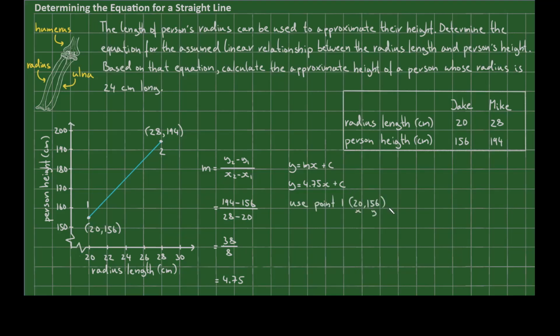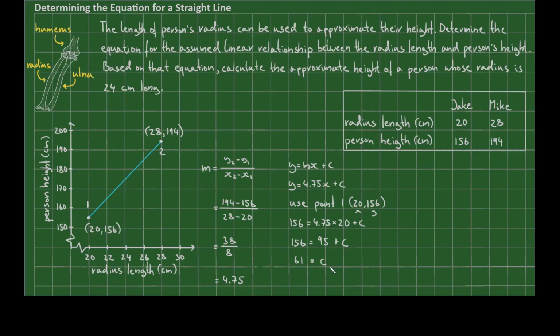And now I'm going to substitute. This means I will have 156 equals 4.75 multiplied by 20 plus c. This will give 156 equals 95 plus c. To transpose the 95, I need to subtract it from both sides. And that will give me 61 equals c.